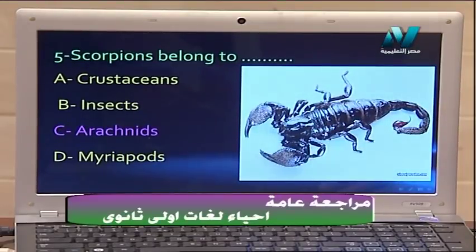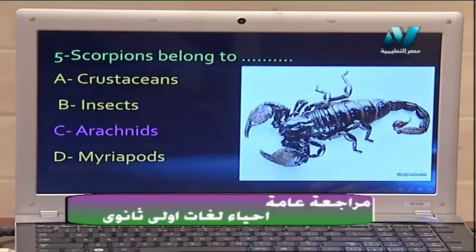When you look to the picture in front of you, you will see this living organism has no head. The head here is combined with the thorax and makes this area called cephalothorax. When you look to the abdomen, you will see the abdomen is segmented, as you see.